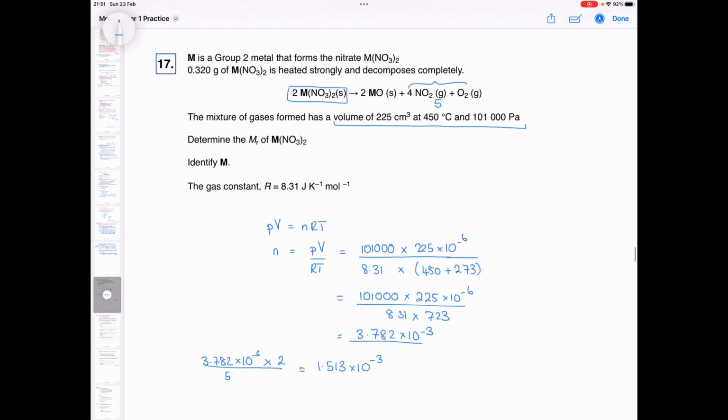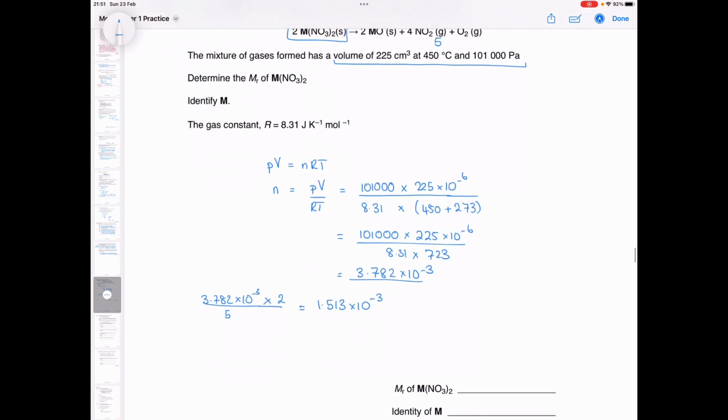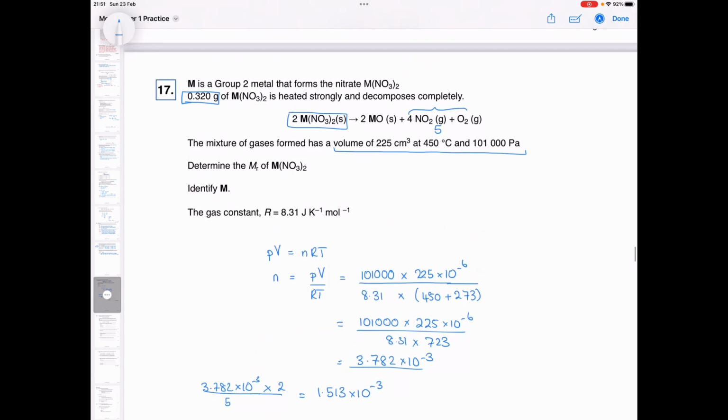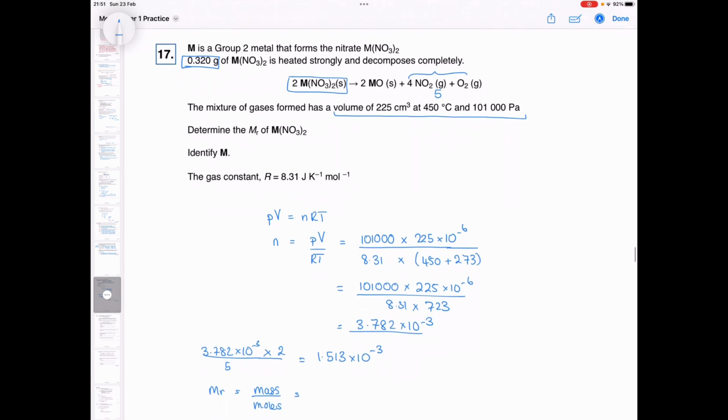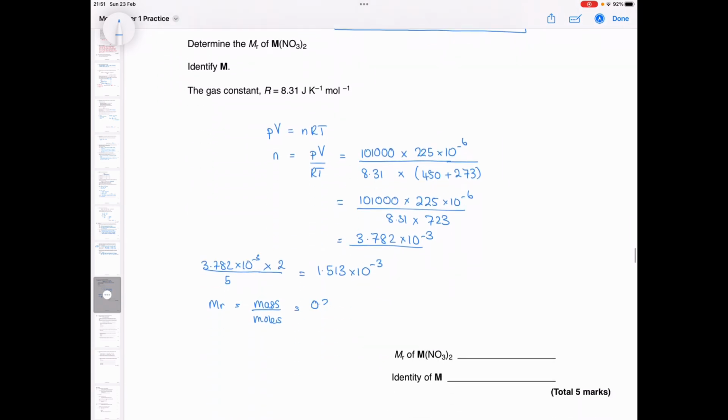And we know how much mass we started with. And so the Mr is equal to the mass divided by the number of moles, which is 0.320 grams divided by 1.513 times 10 to the minus 3.